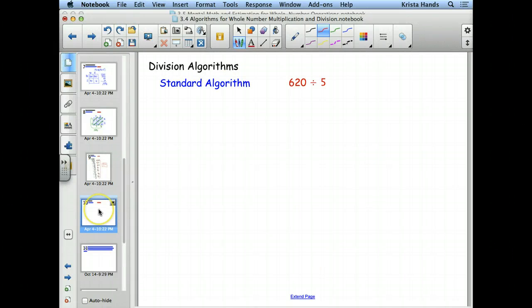Because what happens on the next slide when we do our standard algorithm is that we have to know multiplication facts. In order to do this, I have to say, how many times will 5 go into 6? And you know it goes in once. So when I put the number 1 here, that is the number 100, isn't it? It is.